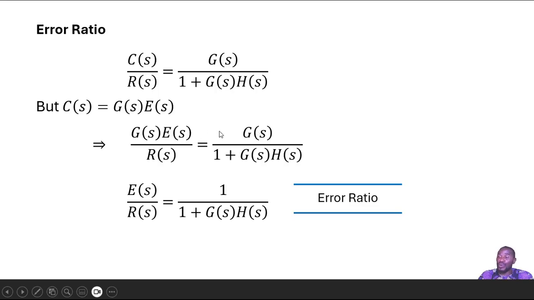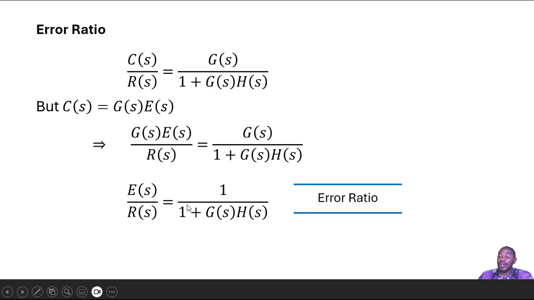G of S is common on both sides, so they cancel themselves. And what you are left with is E of S over R of S. So the error ratio actually is a ratio of the error signal to the reference signal, not the feedback signal, as I said earlier. Error signal to the reference signal.